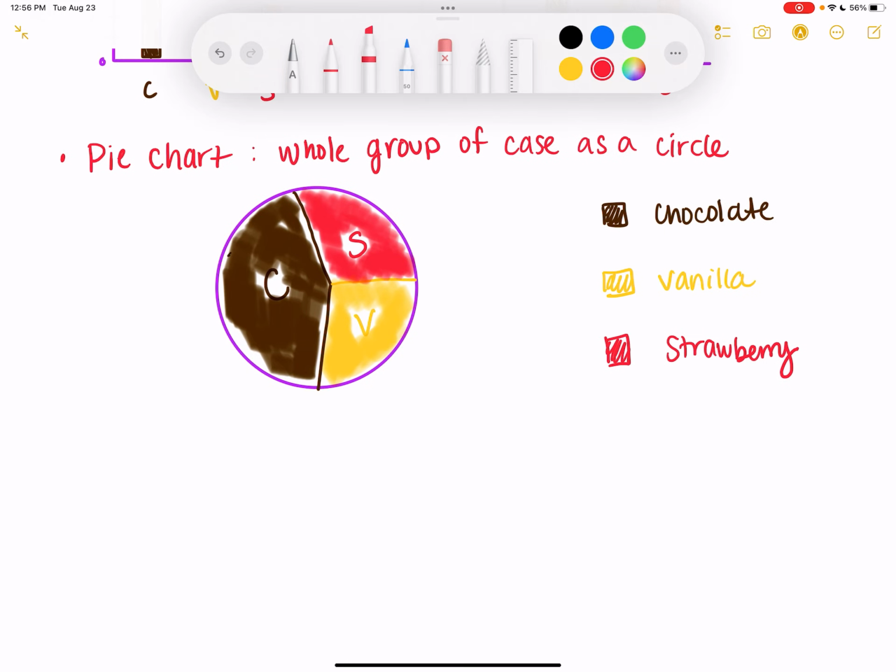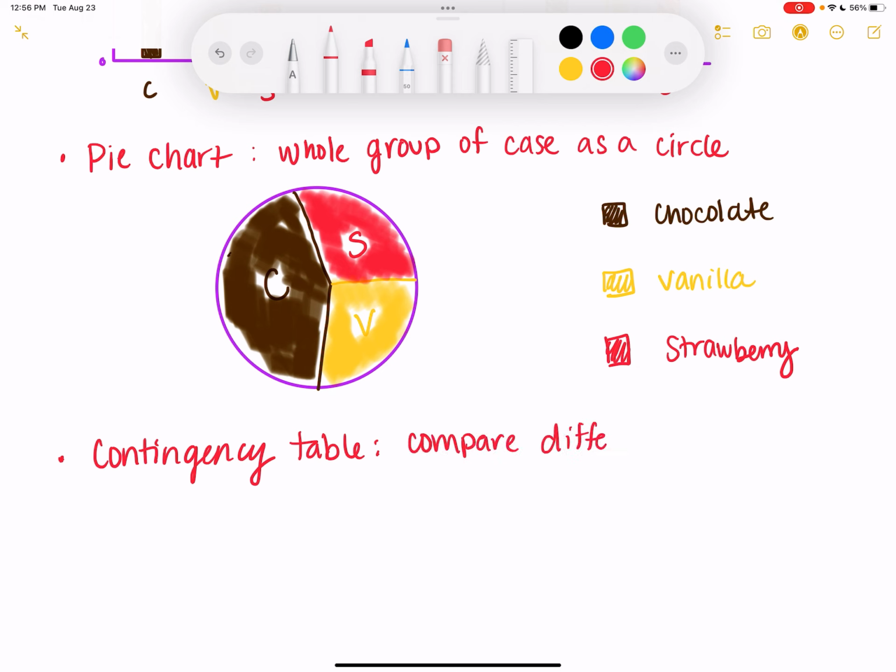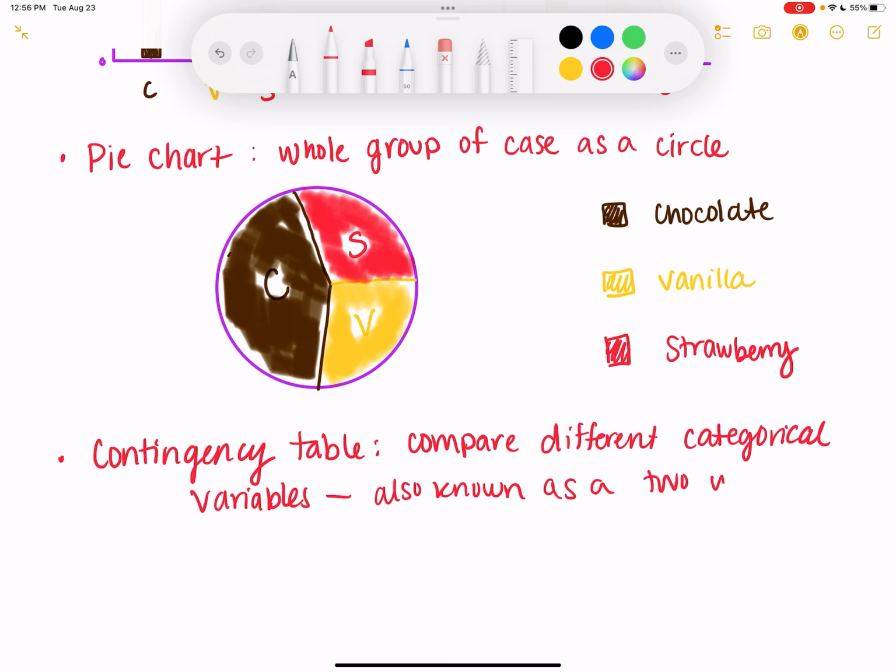All right. So then the next thing is a contingency table. And these compare different categorical variables, also known as a two-way table.